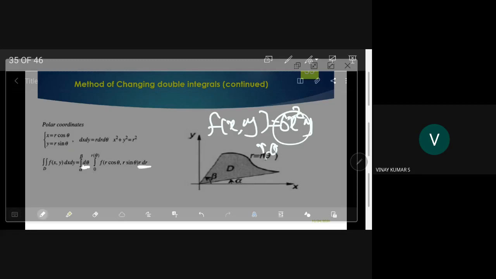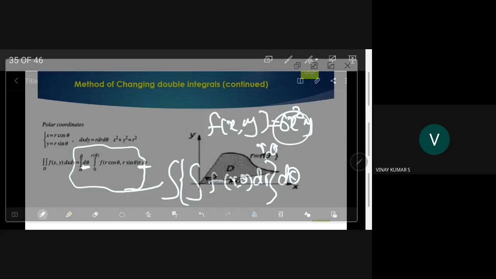I always suggest you to write it like this, because then you will not get any confusion. For r and theta, write first dr followed by d theta. If you write like this, it will be clear: first with respect to r, then theta.